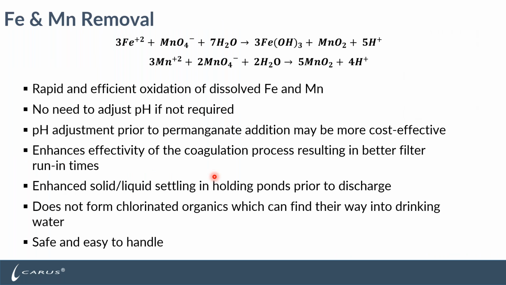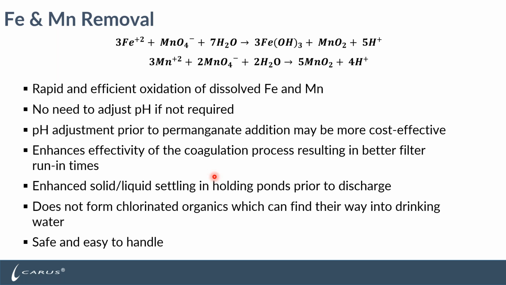As I've mentioned before, iron and manganese removal is really the bread and butter for permanganate treatment. Some of the key treatment targets and advantages include rapid oxidation of dissolved iron and manganese. There's no need for pH adjustment if it's not required, although adjustment prior to permanganate addition or oxidant addition can potentially be more cost effective.